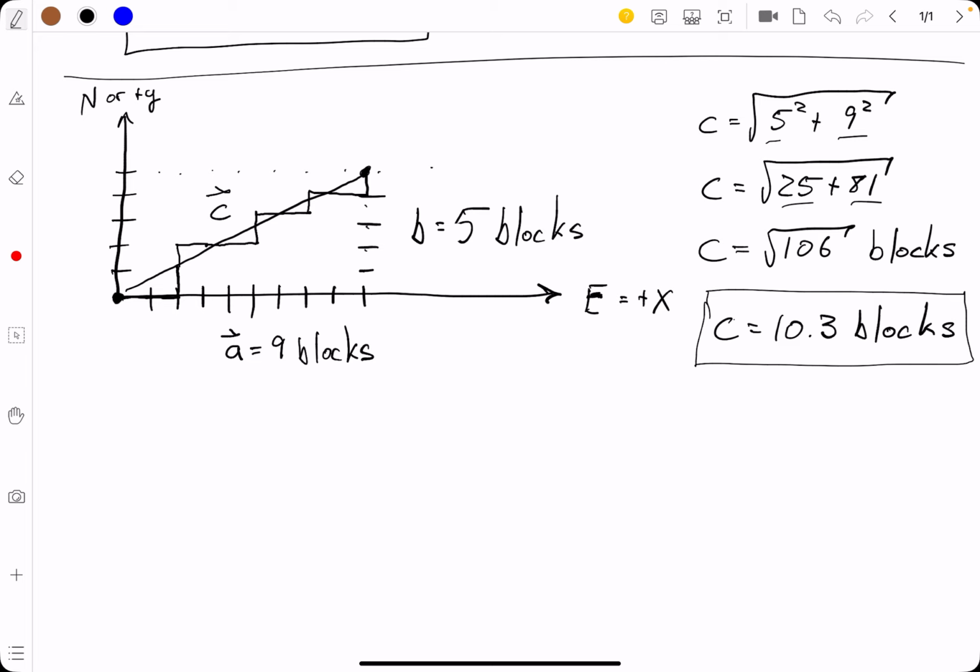That's a legit way to go, but we are forced to do that because the streets run that way and the buildings don't allow us to go in between. Let's just forget about alleys and that kind of stuff.